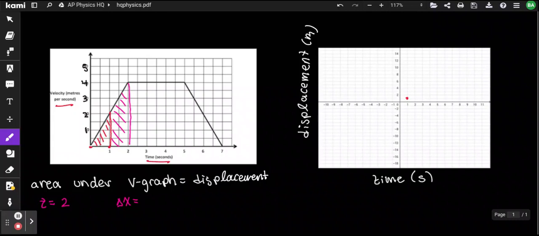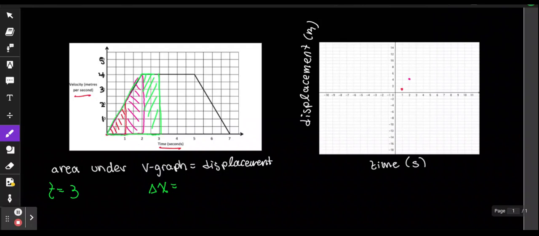Okay, so now let's look at time 2 seconds. Remember that we're supposed to find this entire area right here. So it's base times height, so it's 2 times 4, which is 8. And it's a triangle, so divide by 2 is going to give us 4. So this tells us at time 2 seconds, we have a displacement of 4 meters.